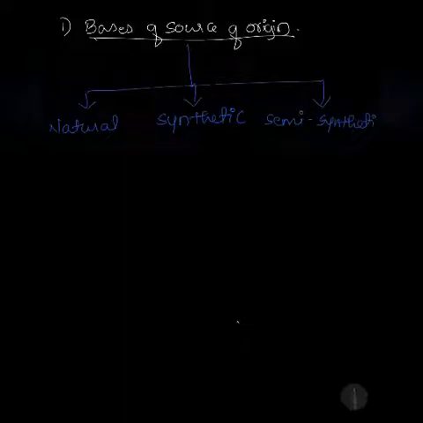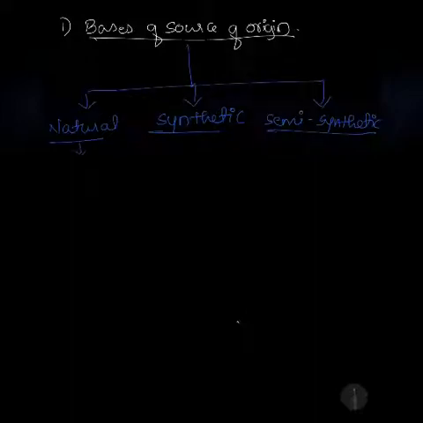What are those? Natural polymers, synthetic polymers, semi-synthetic polymers. Natural polymers obviously occur in nature, in plants or animals. These all are called natural polymers, students.